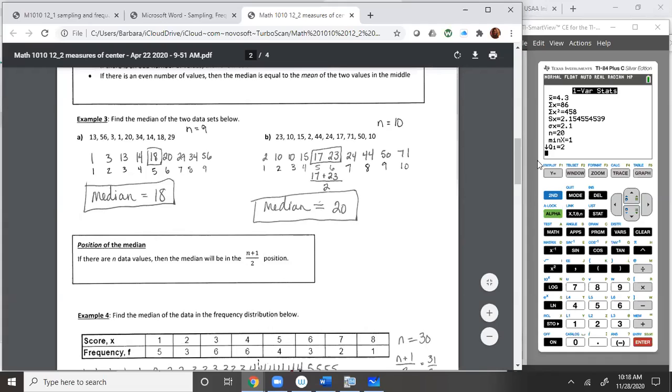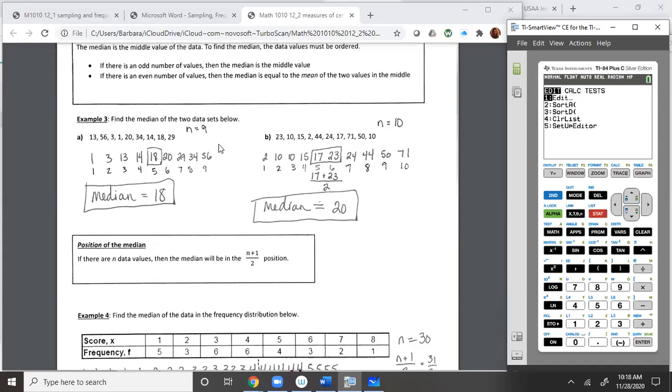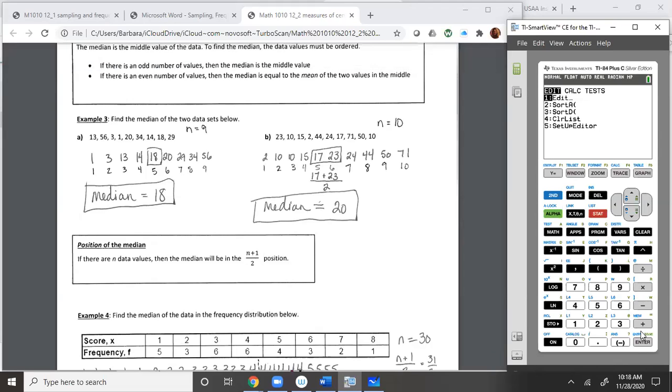I do have a way of getting this on your calculator. If you need a little help putting data in order, we can edit the list, right? So let me start over here.